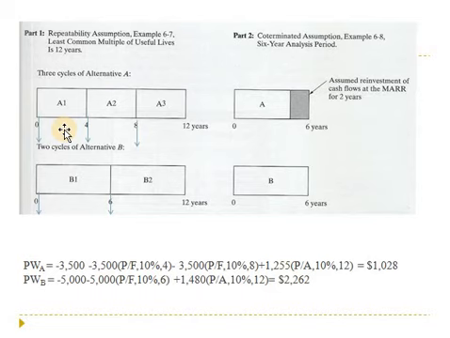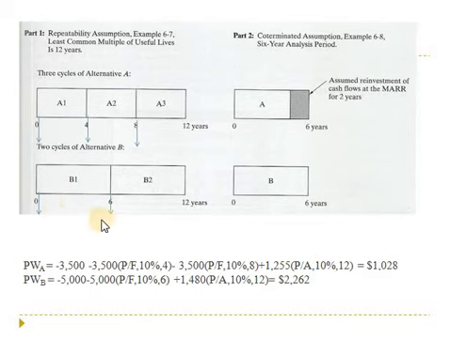Once I repeat it, it's as if I got an annuity from year 1 till year 12. So I have 12 periods, and I'm going to join it in one annuity. So I have an annuity of 1,255 into P, knowing A, i, n for all the duration of the 12 years. Now the final answer is $1,028.